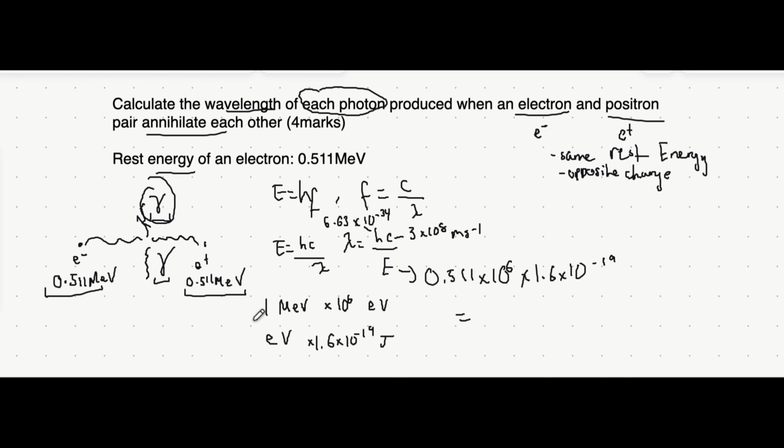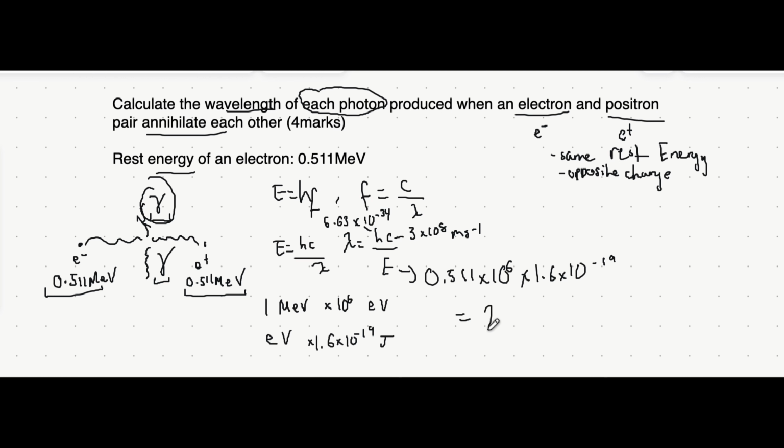Just bear with me one moment. Three times 10 to the power of 8, all divided by 0.511 times 10 to the 6, times 1.6 times 10 to the minus 19, and that's equal to 2.43 times 10 to the minus 12.